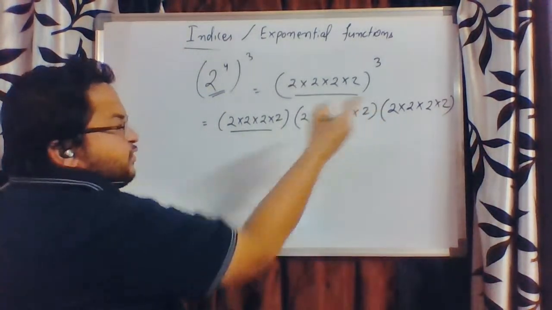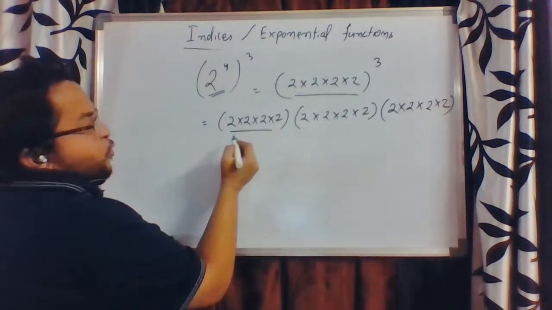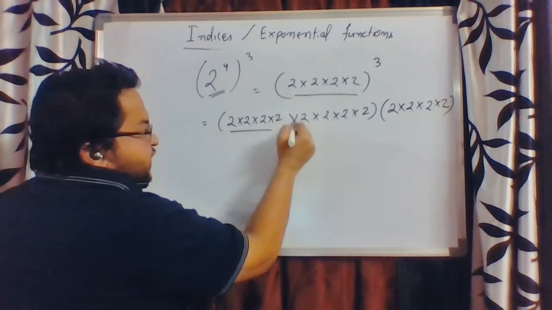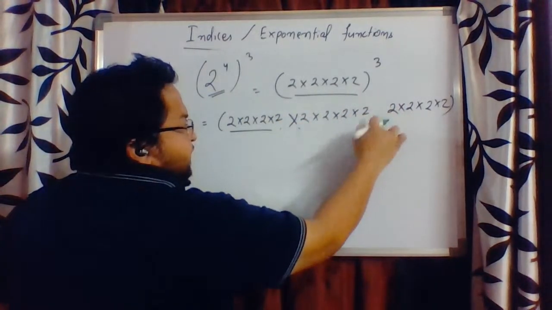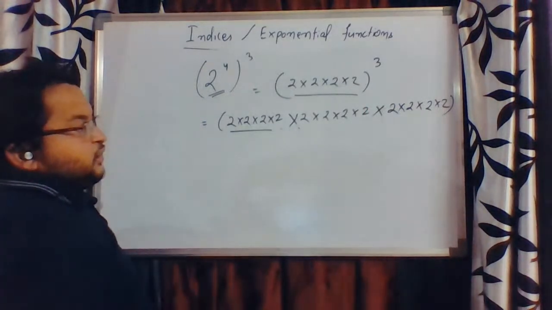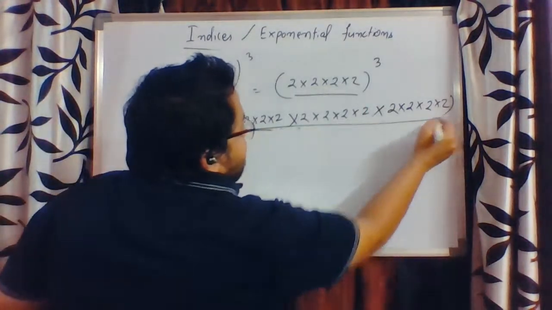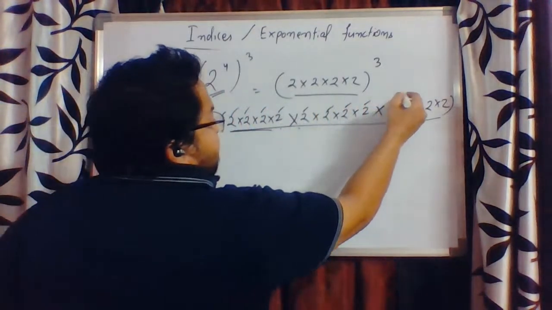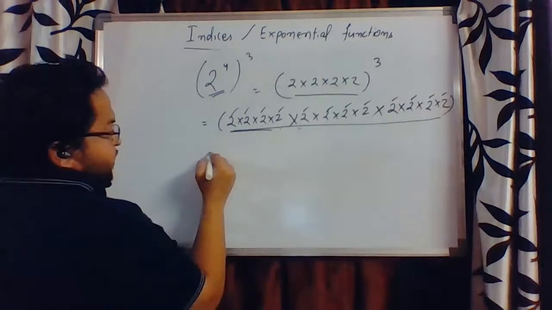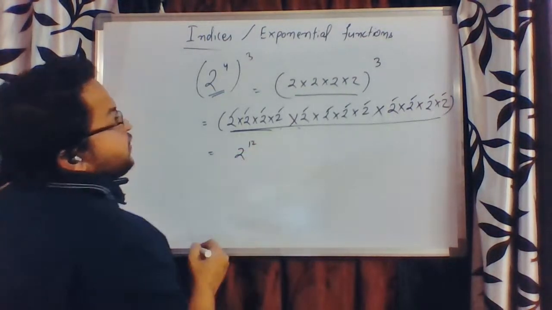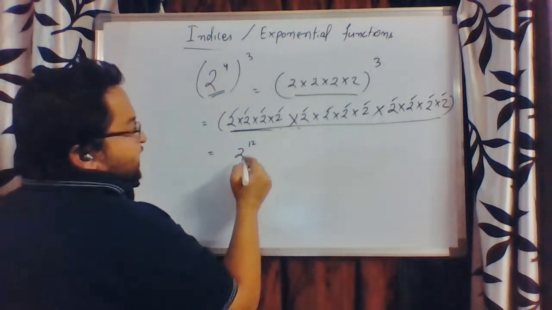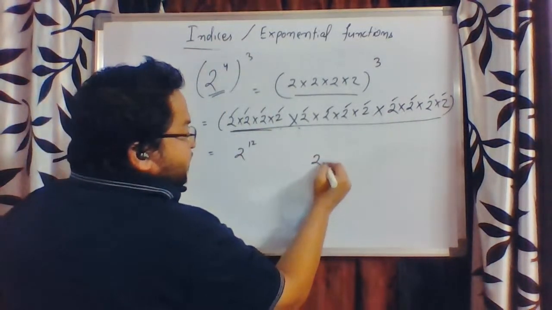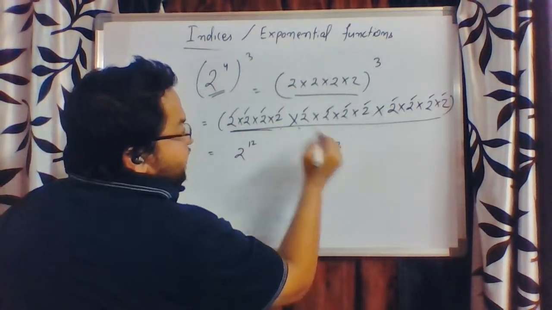Now, why did we do it? If you notice here, using the associative and commutative property, can I just remove these brackets and directly put multiplications here? Now if I count how many twos I have: 1, 2, 3, 4, 5, 6, 7, 8, 9, 10, 11, 12. Very good. So this is nothing but 2 to the power 12, right? So what did we understand? 2 to the power 4 whole to the power 3 is nothing but 2 to the power 4 into 3.